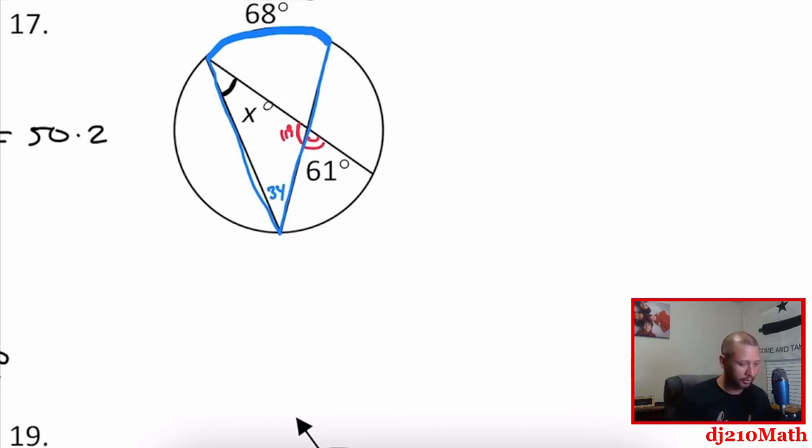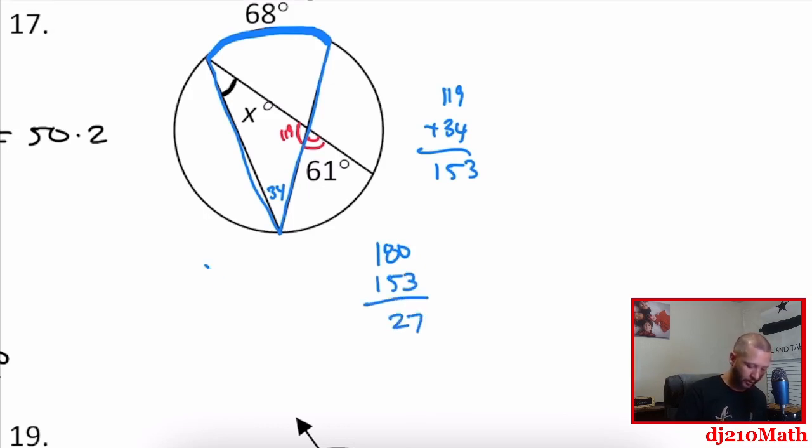Now I know that a triangle must add up to 180. So 119 plus 34 is 153. 180 minus 153 is 27. So X is equal to 27 degrees. Hopefully you can convince yourself that that is correct.